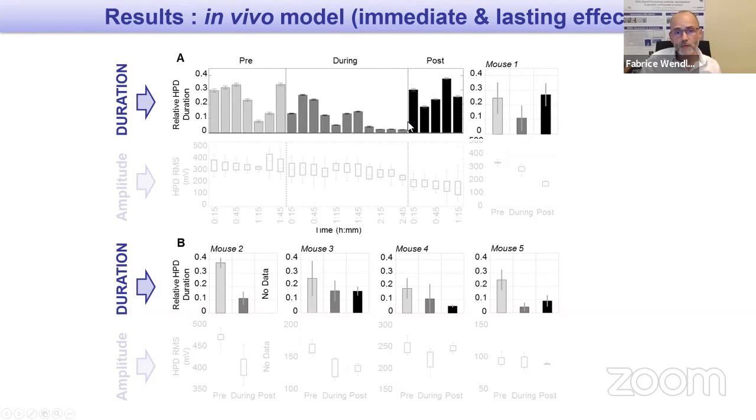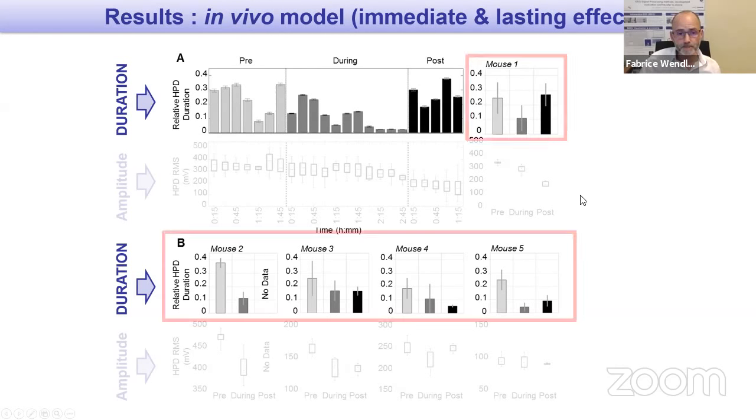Meaning that when we switch off the stimulator, in the hour that follows the stimulation session, there are still fewer HPDs, which also last less in time compared to the baseline. But in some animals, amazingly, and we don't have an explanation for that, when we switch off the stimulator, we go back to baseline relatively rapidly.